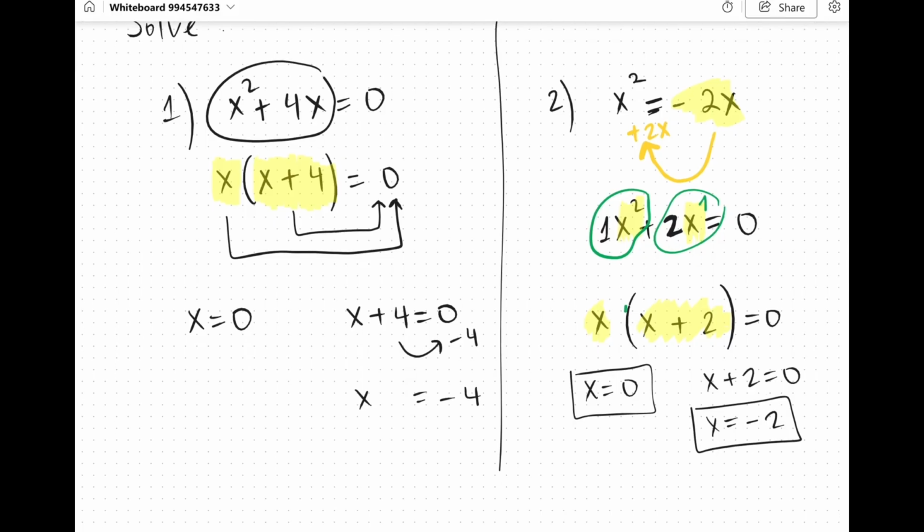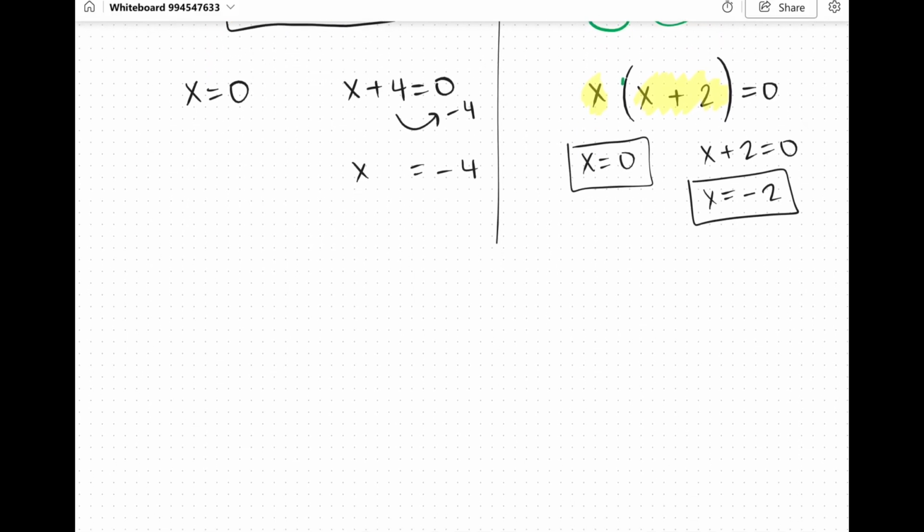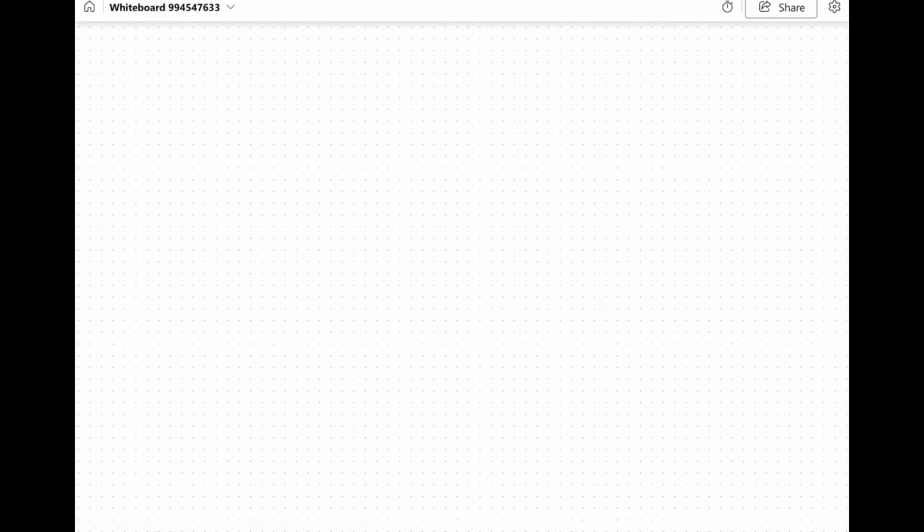Now, one thing I wanted to mention, there are a few questions that you will see that are already factored for you. For example, this question is already factored. You have your first factor of x and then your second factor of x minus 7.